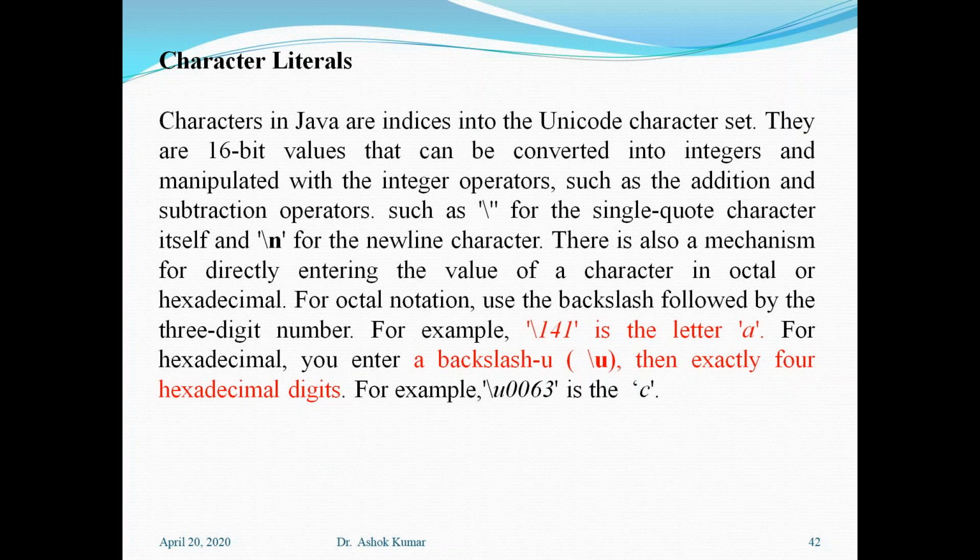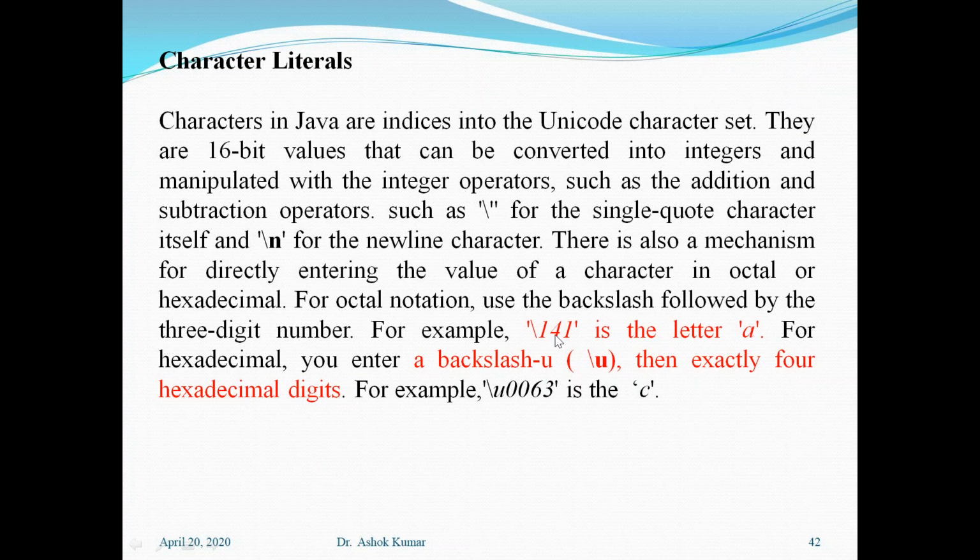To represent a character, for example, if you put backslash 141, so exactly after the slash, if you use 3 digits, then that number is treated as an octal number. So if you convert this octal number 141 into decimal, you will get 97.